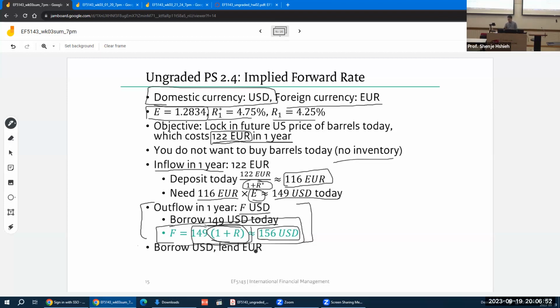So precisely what are you going to do? You're going to borrow 149 today, owe 149 times 1 plus R, and you're going to use that 149, convert it to euros, put euros in a bank, and make 1 plus R star, right, in the future. And so 1 year from now, you will have precisely 122 euros at a price of $156.